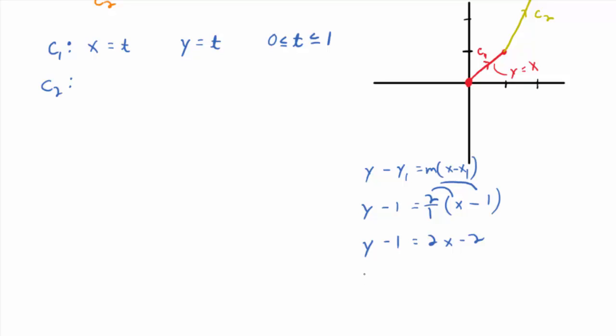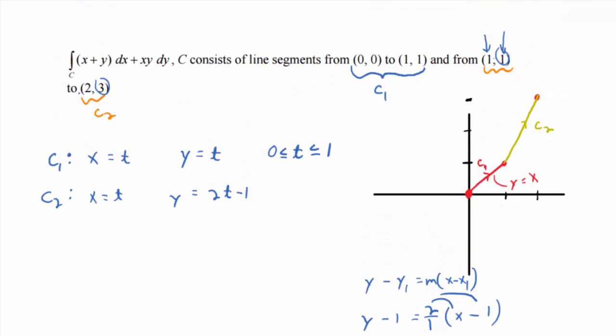Add 1 to both sides, what do you get? Y equals 2x minus 1. So couldn't you let x equal t? And then automatically, what's y? 2t minus 1.